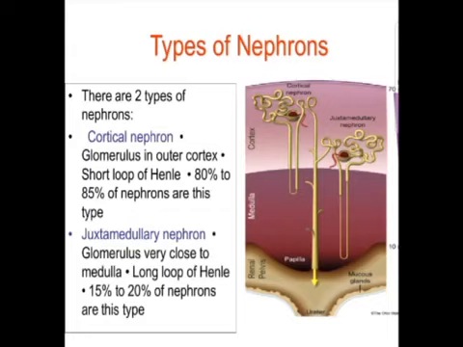And they have long loops of Henle that extend deep into the medulla. The juxtamedullary nephrons have 40 mm in total length.